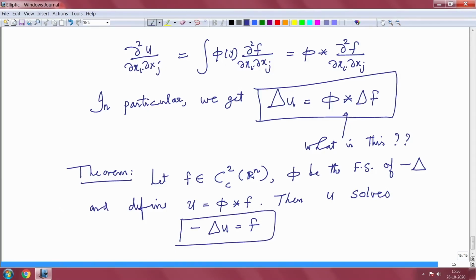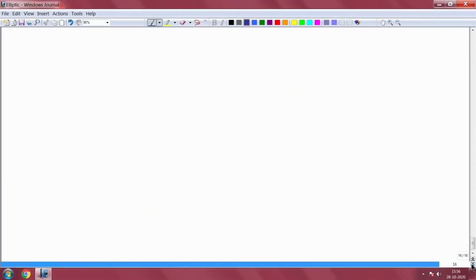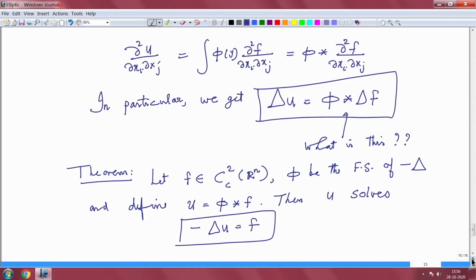So, we are going to prove this theorem, maybe in the next class, I hope I will be able to complete the proof. So, it recovers minus Laplacian of u equal to f. This is what you are proving.